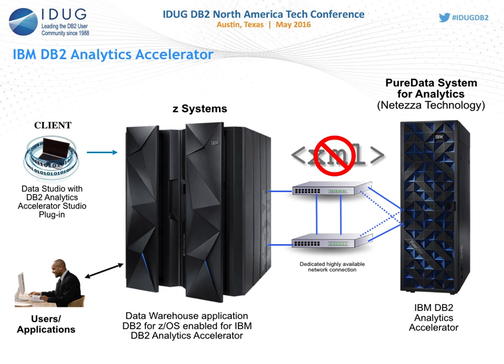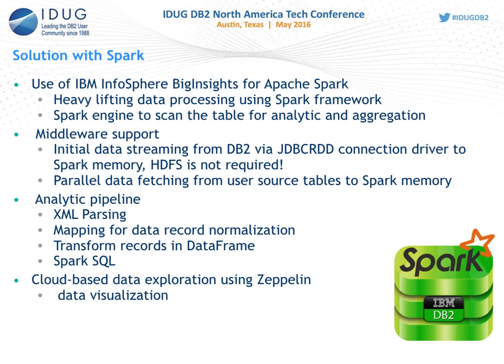We use an analytic pipelining mechanism to extract the data and do some data mapping to normalize the XML, because XML is so structured, with nodes, parent nodes, child nodes, and so on. So we transform the records into a data frame, which allows Spark SQL to run and queries to be processed.